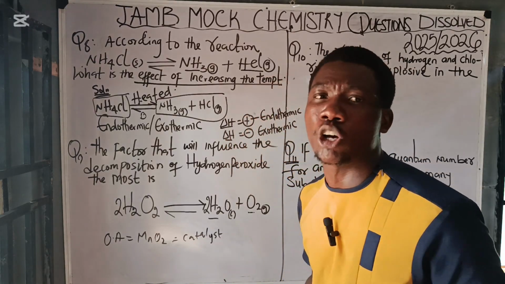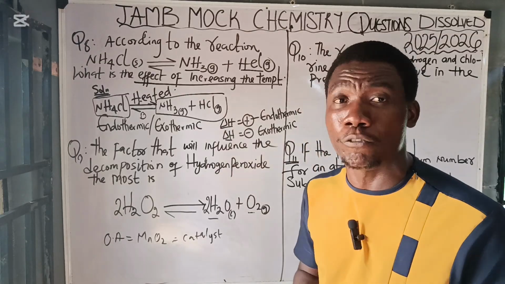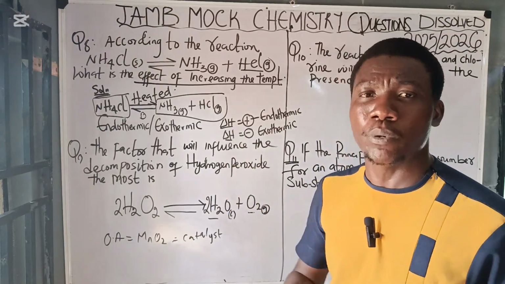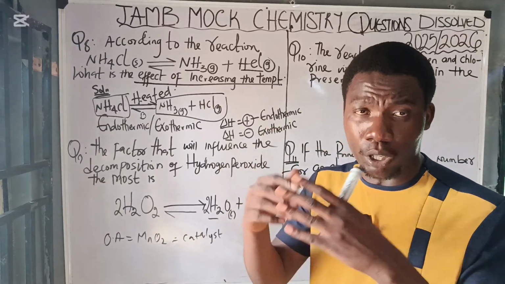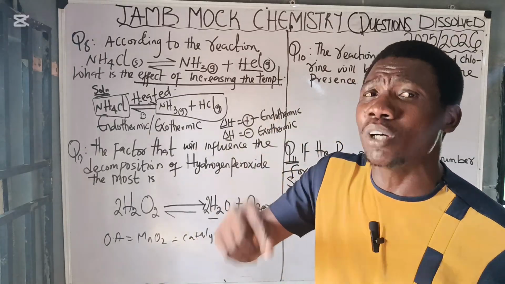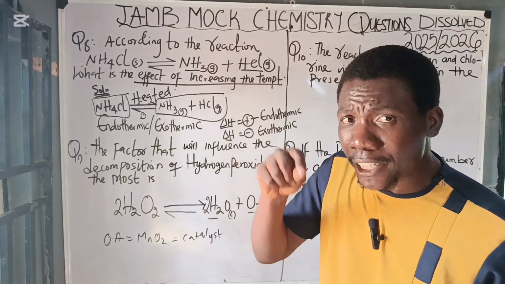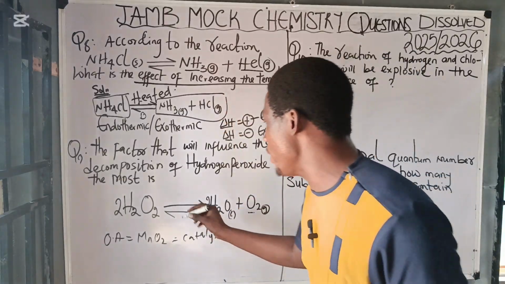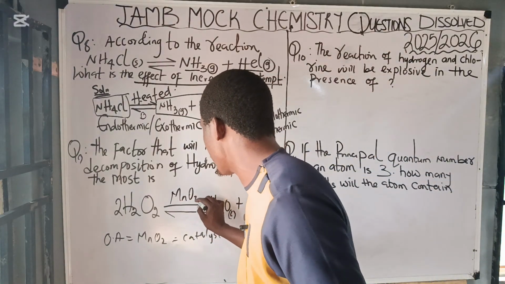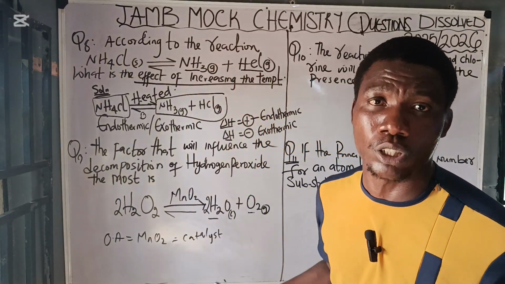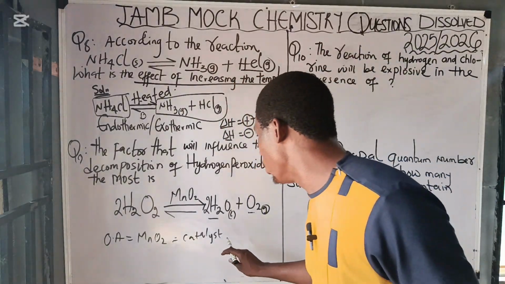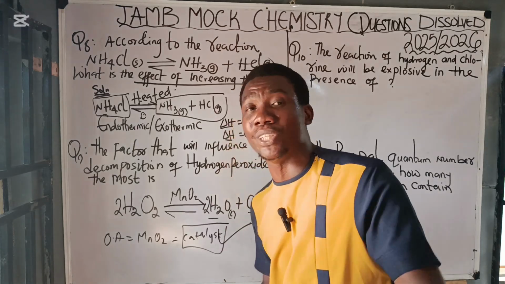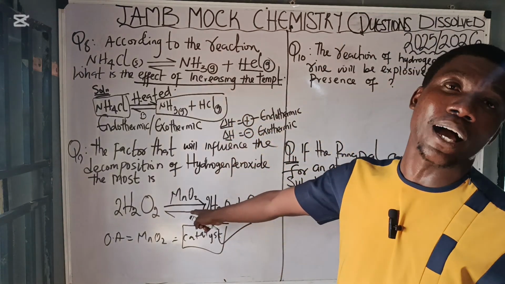Then hydrogen peroxide can also decompose in the presence of sunlight or UV rays, and also heat. But the factor that influences the decomposition the most is when you add a catalyst, manganese(IV) oxide, not light, not heat. Take note of that. So the factor that affects it most is a what? A catalyst. Catalyst is the answer to this particular question.